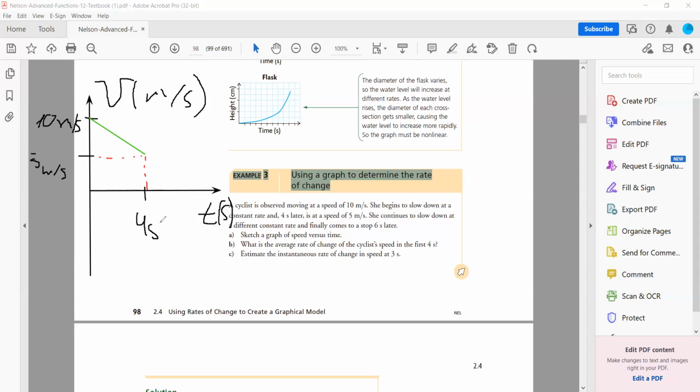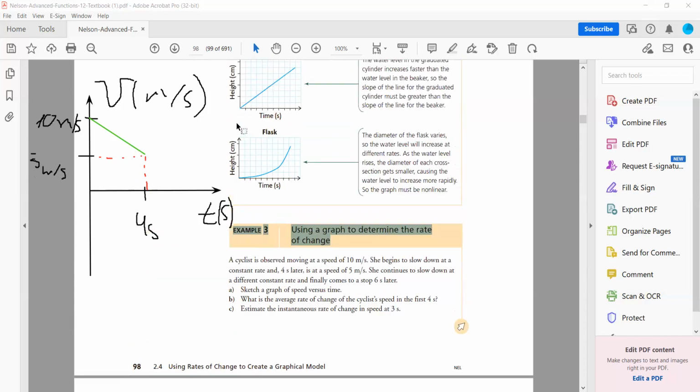She continues to slow down at a different constant rate and finally comes to a stop 6 seconds later. So 6 seconds later means a total of 10 seconds should pass for her to come to a complete stop. And we also know that she's slowing down at a different constant rate.